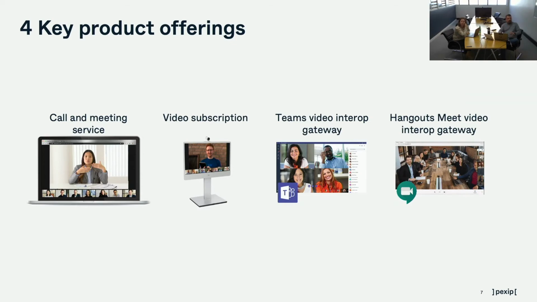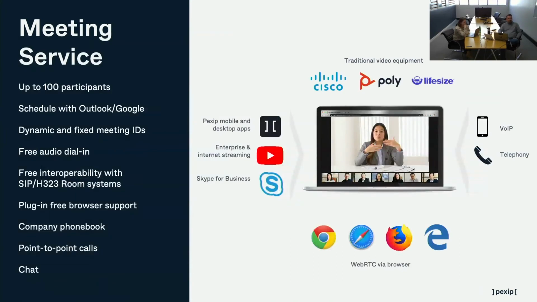So to sort of circle a little bit on our meeting service, basically it's hosted VMRs and end user licensing. So you're able to subscribe as an end user. You get a username and password, and you can use one of our apps or the web browser to log in, and then you have access to your permanent VMR.